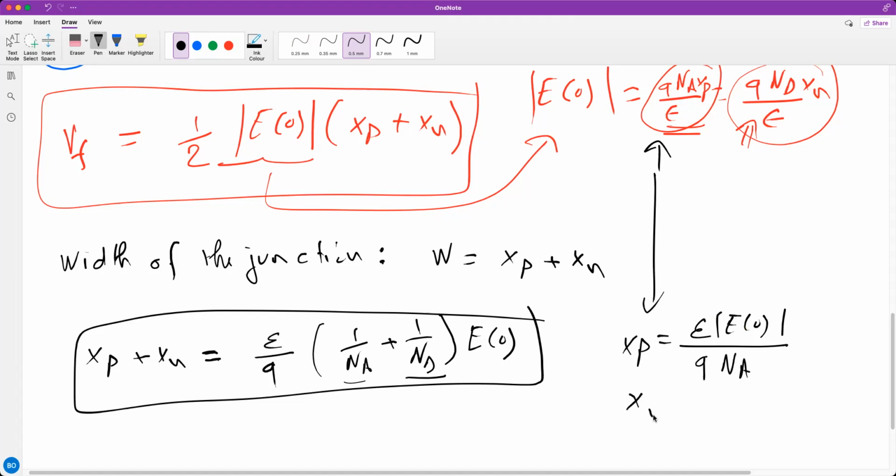And the same thing, xn is epsilon E0 divided by qND. So xp plus xn will have E0 in common, epsilon over q in common, times 1 over NA plus 1 over ND. Okay, is this clear? Hello?